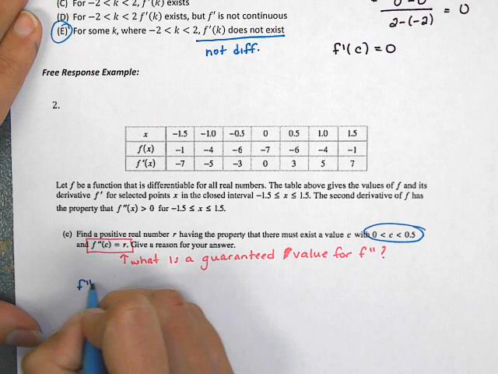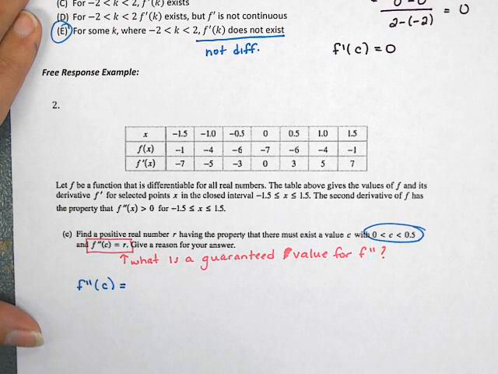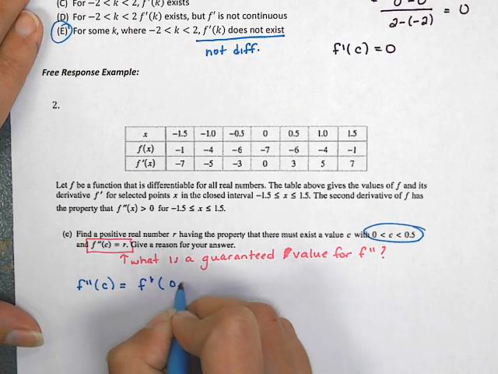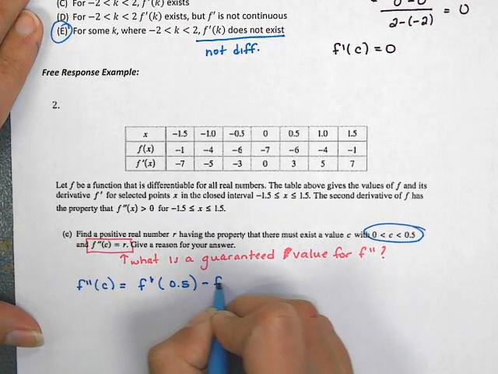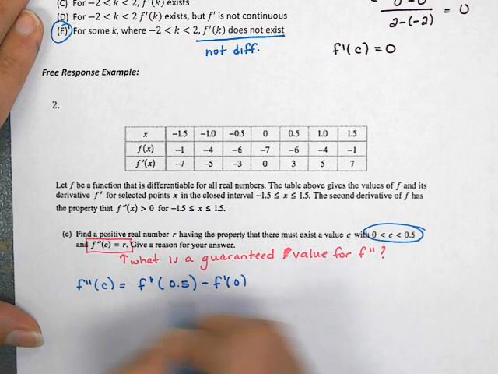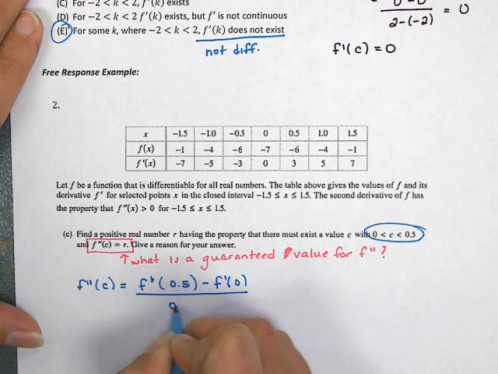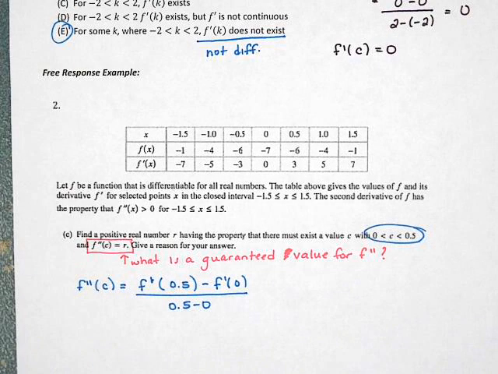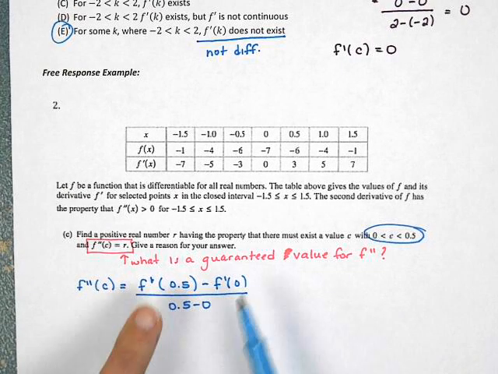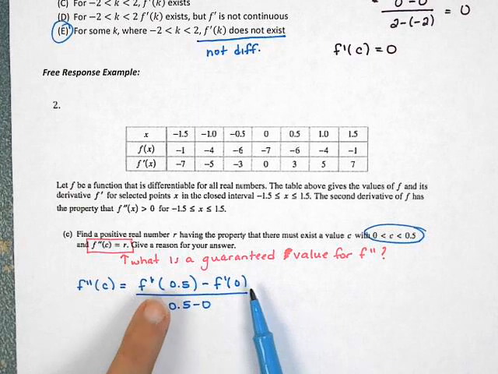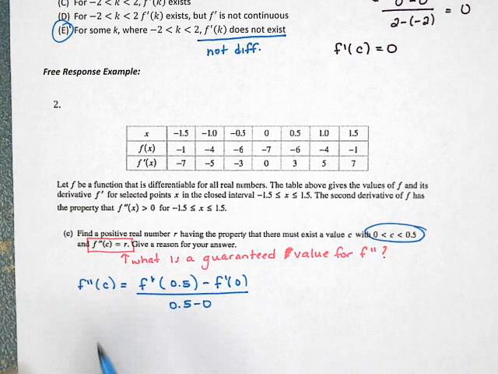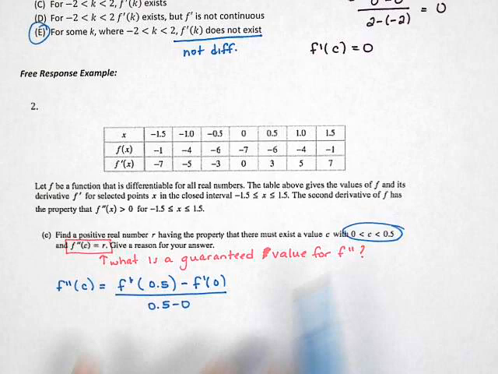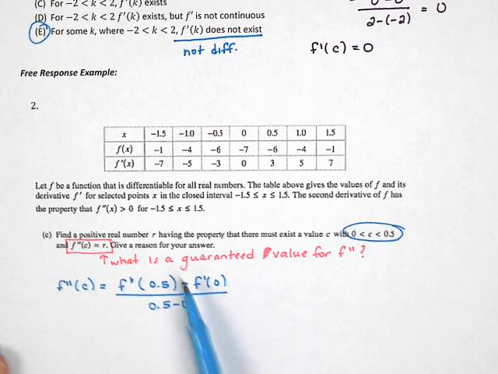So f double prime of c must equal f prime of 0.5 minus f prime of 0 over 0.5 minus 0. F of b minus f of a over b minus a, only now we're using the first derivative to guarantee a second derivative value. Whereas normally we use the original to guarantee a slope, we're using the slope to guarantee the slope of that.